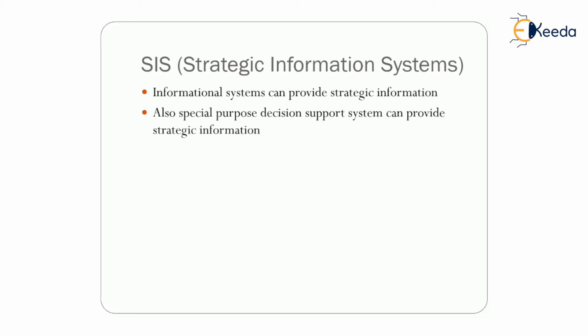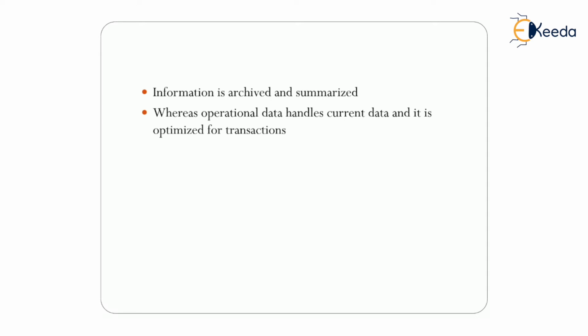These systems are also called special purpose decision support systems. They are specially designed for a particular goal. The information is archived and in the summarized form. The data is stored in the summarized form. When we compare this with the operational data, it handles only the current data and it is optimized for the transaction.